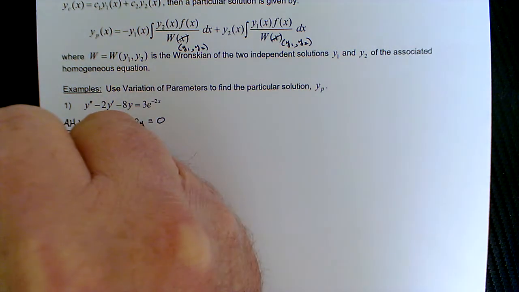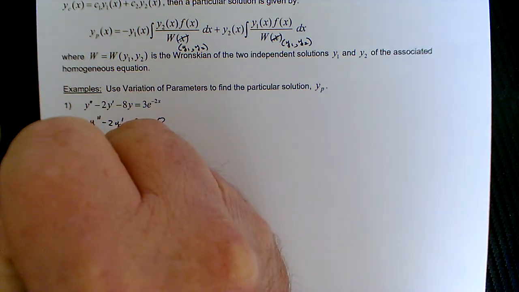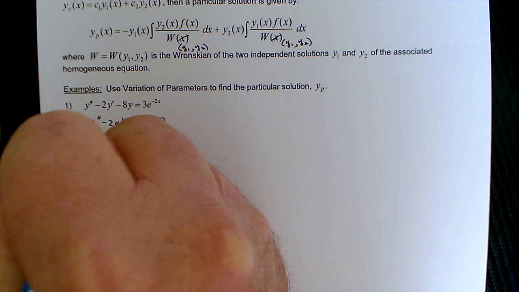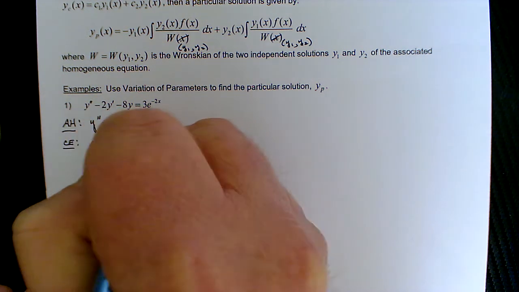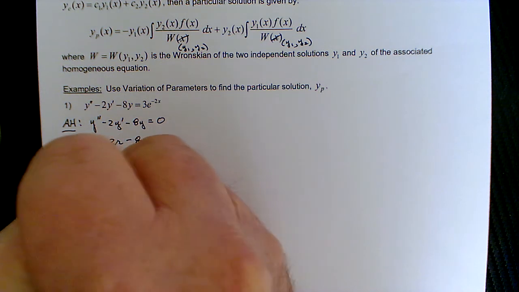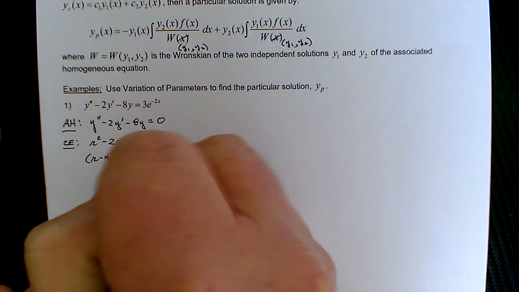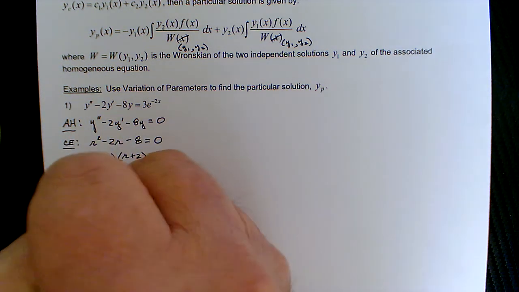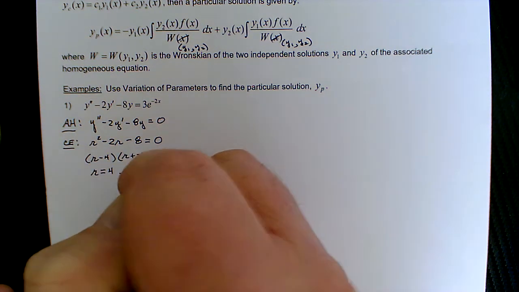And the characteristic equation would be r squared minus 2r minus 8 is 0. And we could factor that: (r minus 4)(r plus 2) is 0. So we get 2 roots: r is 4, r is negative 2.